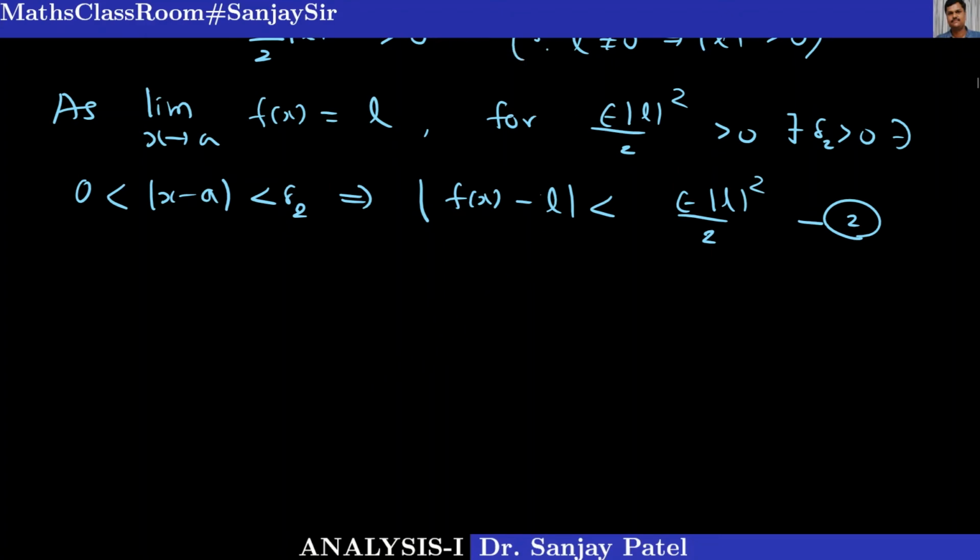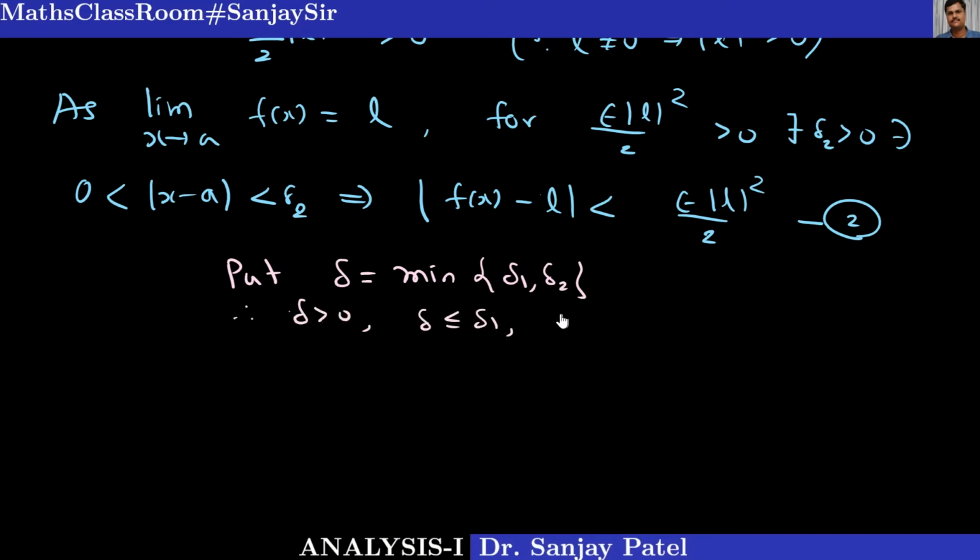So let us put delta is equal to minimum of delta 1 and delta 2. Okay. So delta is positive and also delta is less than or equal to delta 1 as well as less than or equal to delta 2.